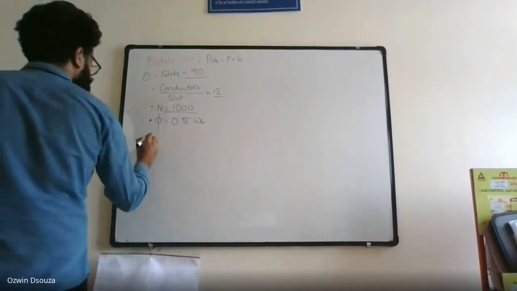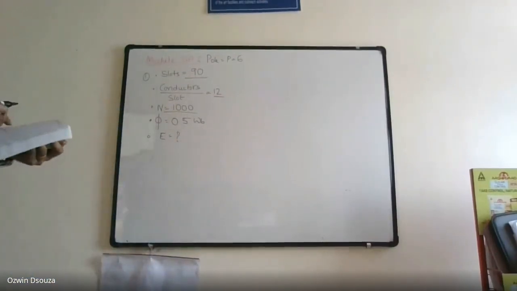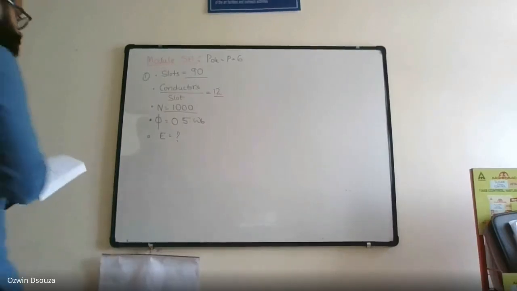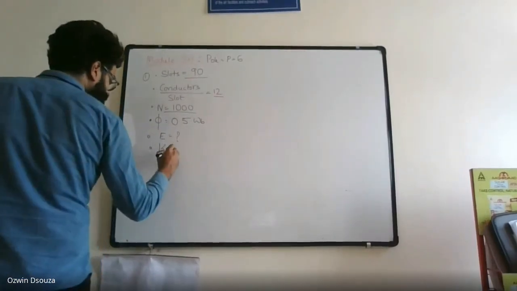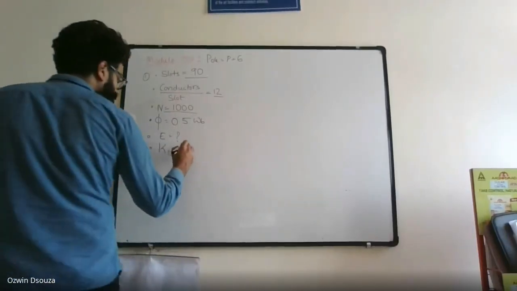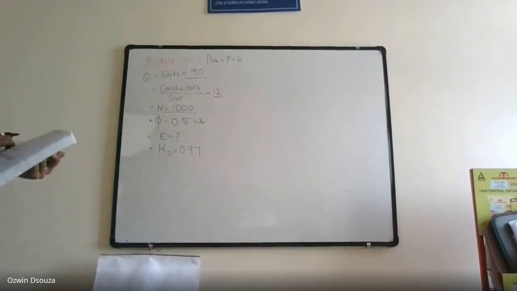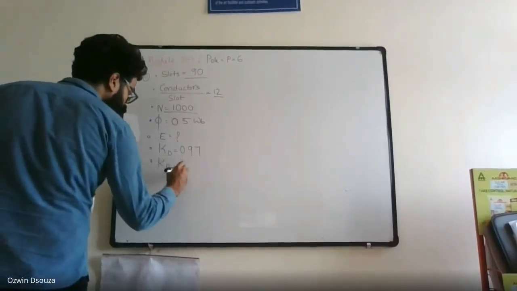Calculate the EMF generated, if the winding factor is 0.97 and the coil is full pitched. So winding factor is nothing but Kd or distribution factor, which is 0.97. And the coil is full pitched. So Kp is equal to 1.